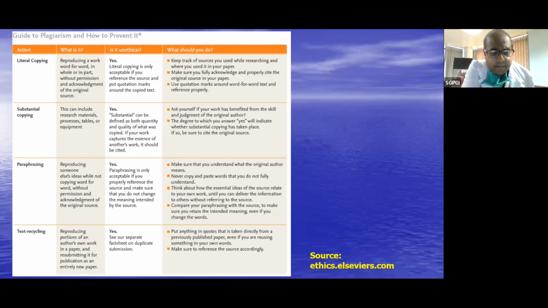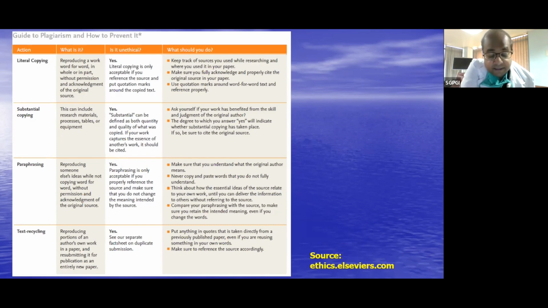The third is paraphrasing. This is not as grave a fault as the first two, but definitely paraphrasing does not mean that it is ethical to just copy paste with just changing some of the tense and the words. So if you're inspired to use a sentence or paragraph from another person's work, you have to cite the original reference.